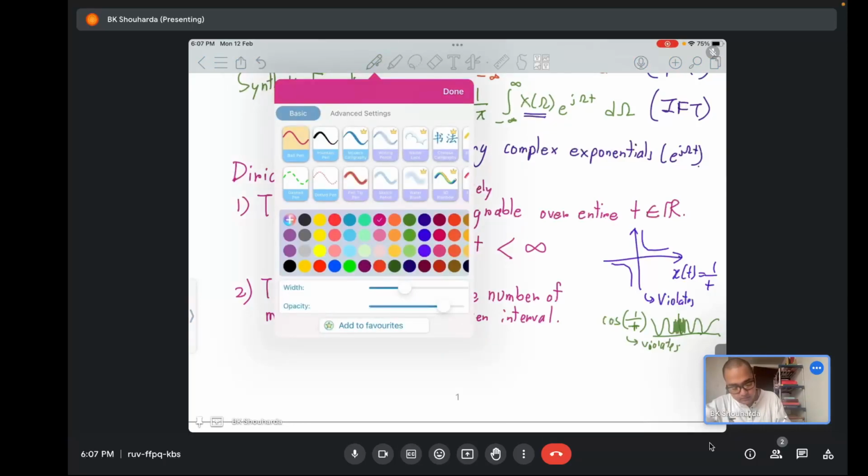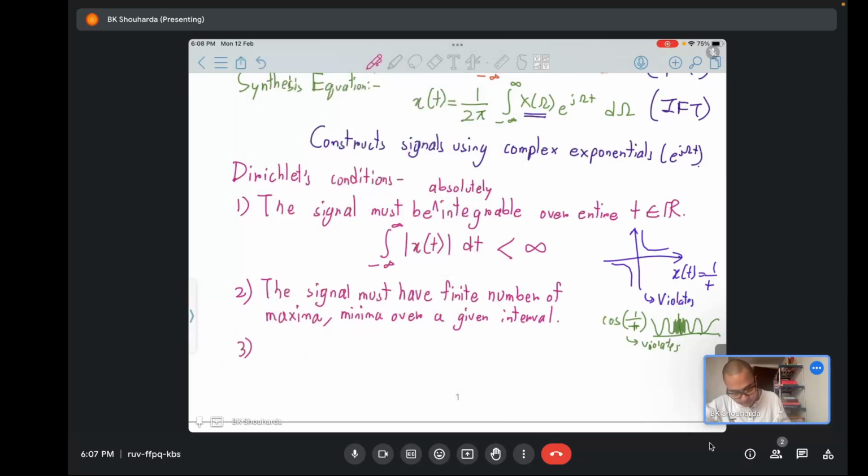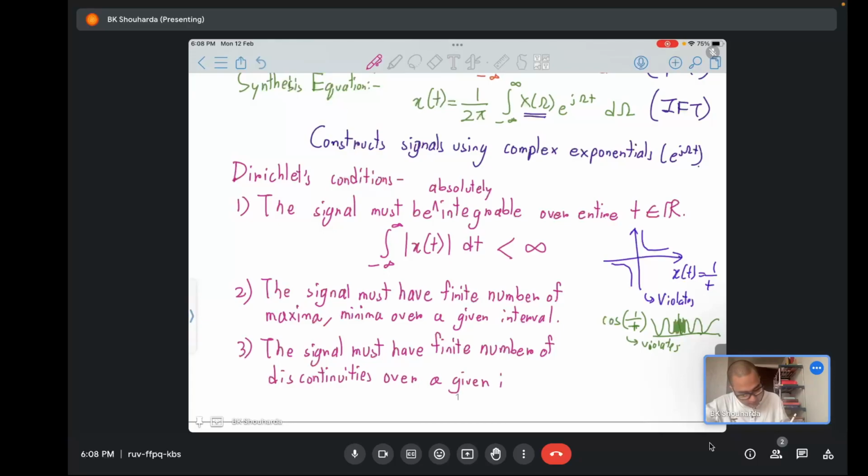And the third one: the signal must have a finite number of discontinuities over a given interval.